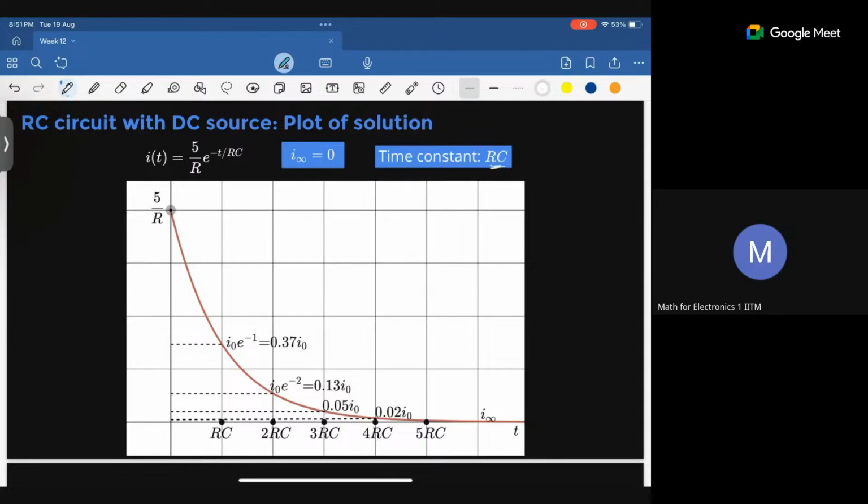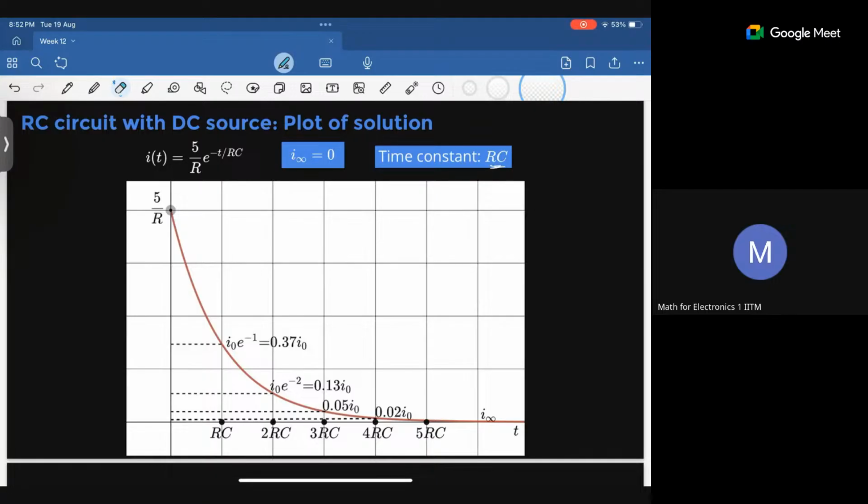Anything t divided by something will be taken as the time constant. Initially the current passing will be 5 by R, and then slowly it will deteriorate as time progresses. The current passing will go to 0.